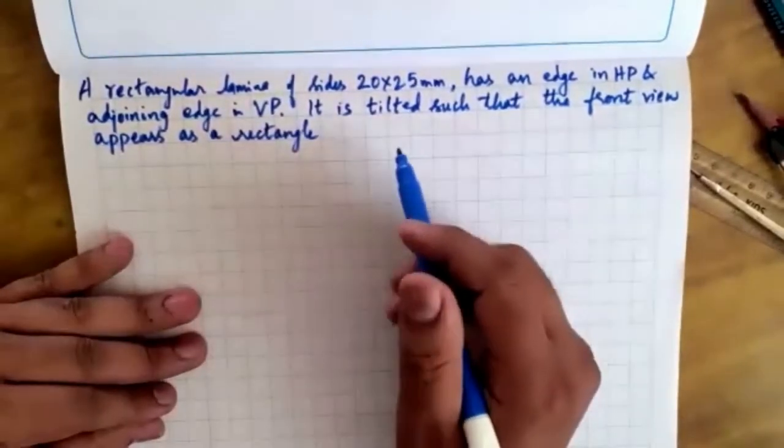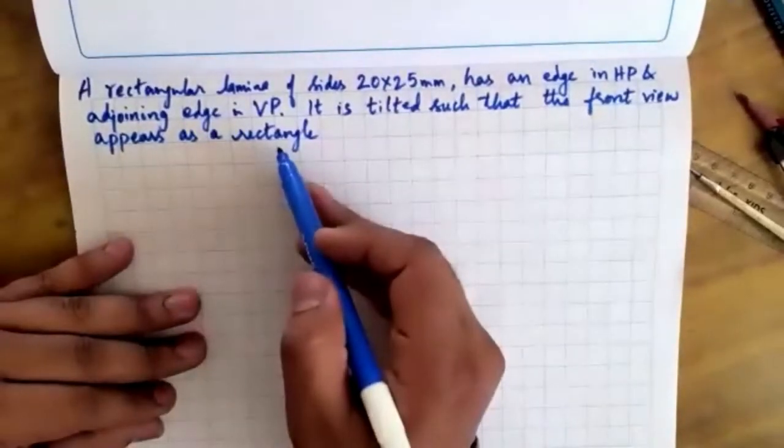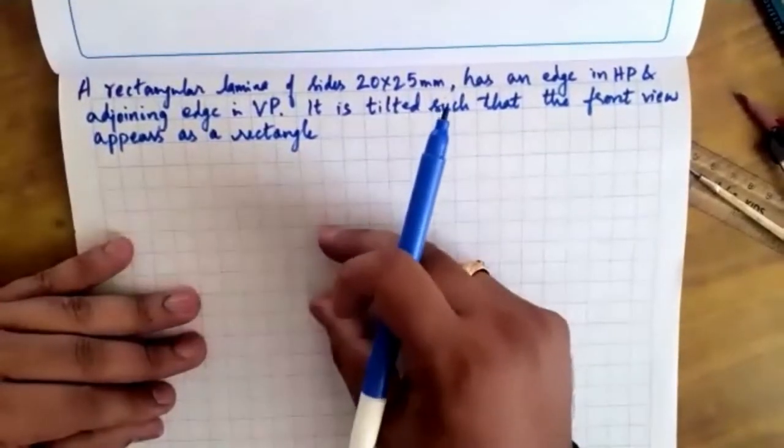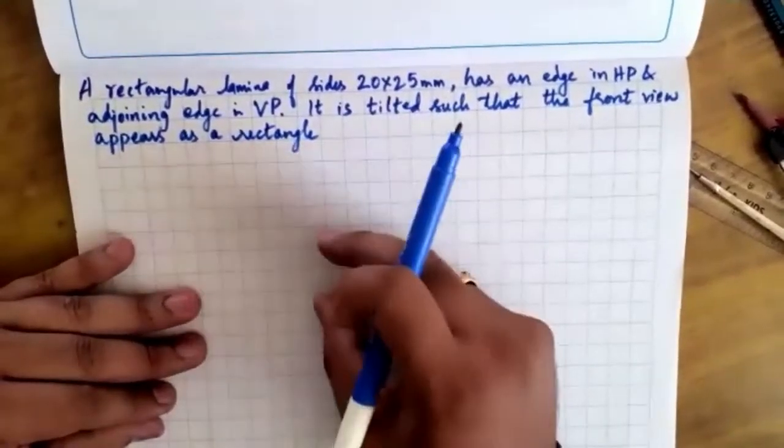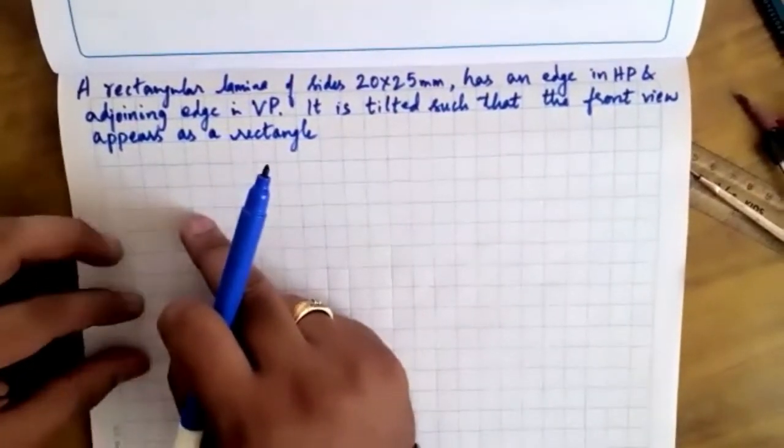When the statement is given like this, it is tilted such that the front view appears as a rectangle. Obviously, the second front view is a rectangle here. So the initial position must be a true shape. So that is what you need to run in your mind.